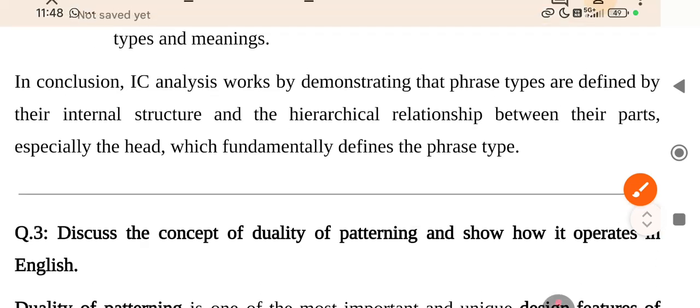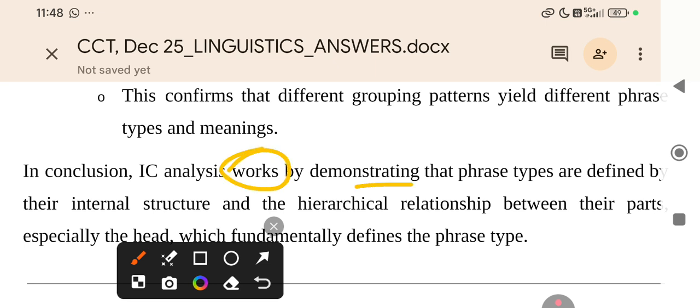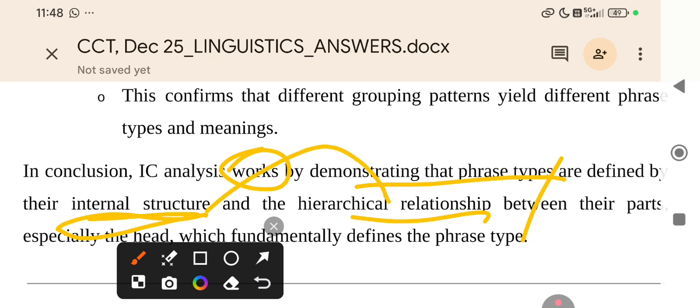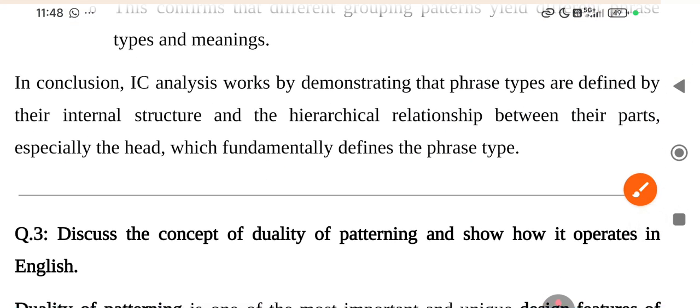So finally the conclusion is that in IC analysis, by demonstrating the phrase, phrase types are defined by their internal structure, important, and the hierarchical relationship, internal structure and the relationship between their parts, right?